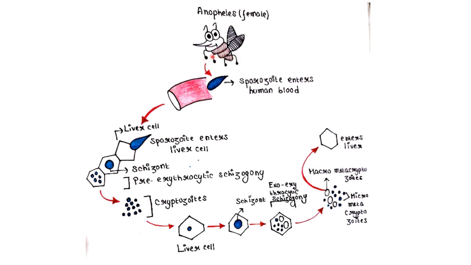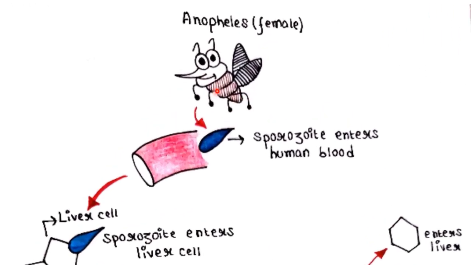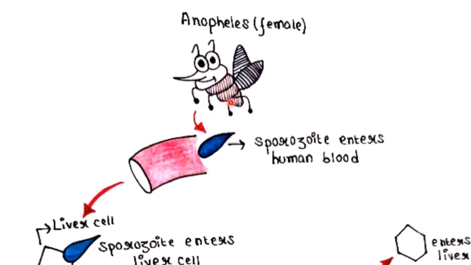So, this is the female Anopheles mosquito and it is carrying the parasite Plasmodium vivax. Mind it, all female mosquitoes do not carry these parasites. So, this mosquito is carrying the deadly parasite and biting a man. And we should know that a particular parasite may have different forms.